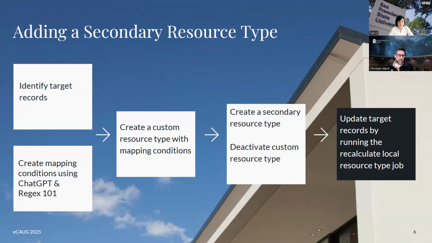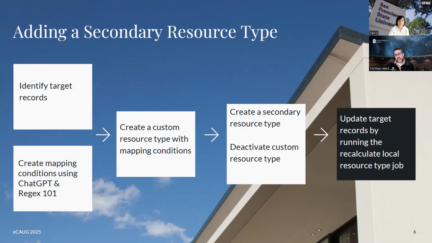In our example, we ended up using ChatGPT to help us with our regular expression creation, primarily because neither one of us is a regular expression guru, and also it seemed like a great use of the technology. Of course, we didn't take that at face value, so we used a tool called regex 101 to validate any of the mapping conditions against our targeted data.